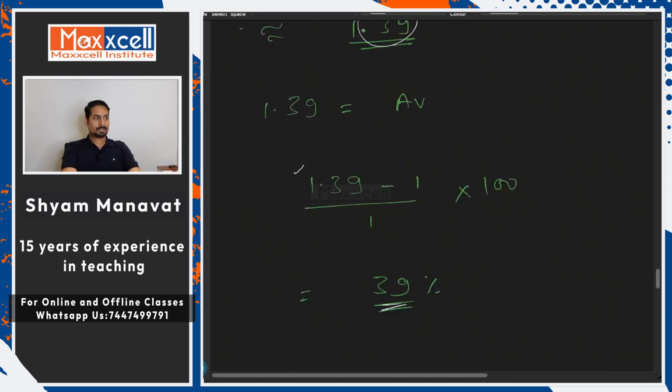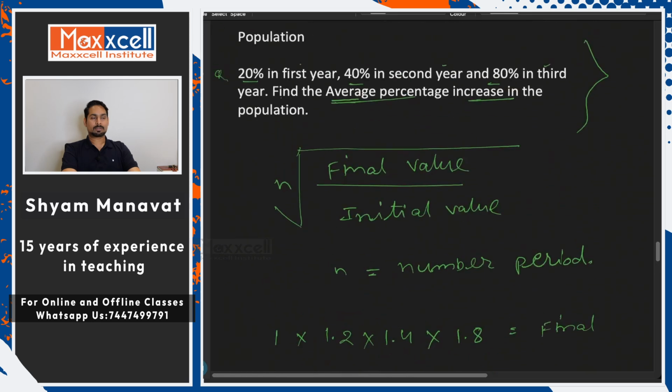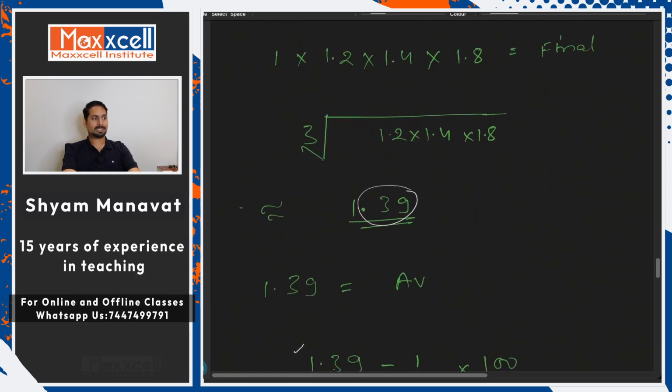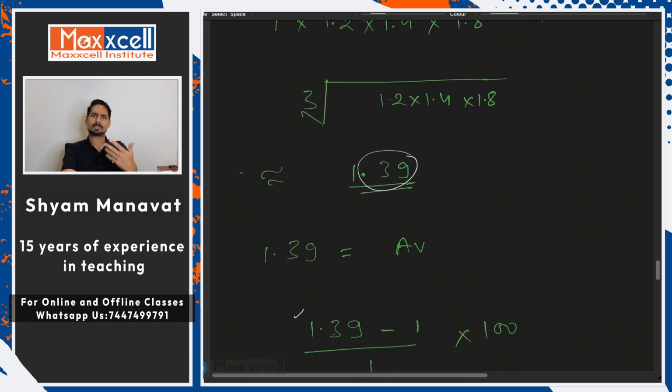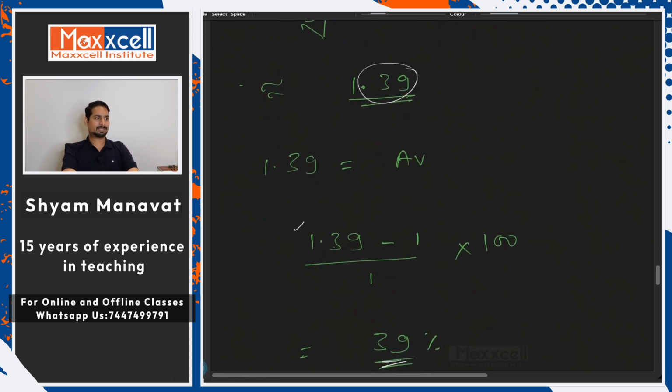For the geometric mean, for average percentage growth, for compounded annual growth rate, once you calculate the geometric mean, you always get 1 point something. Whenever you need to find the growth rate, after finding the geometric mean, you always do minus 1, divided by 1, into 100.